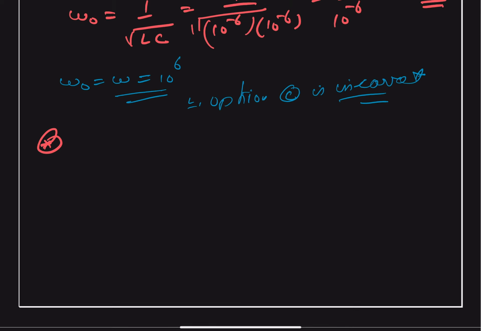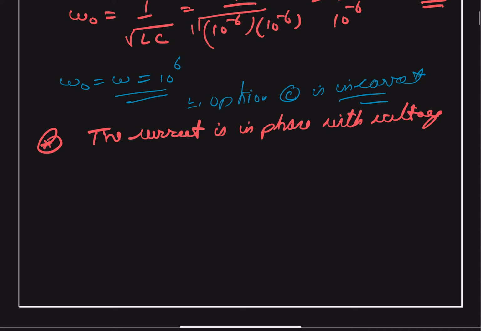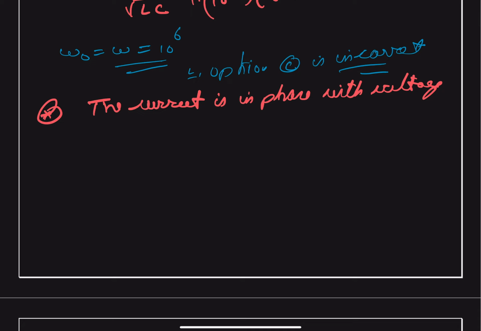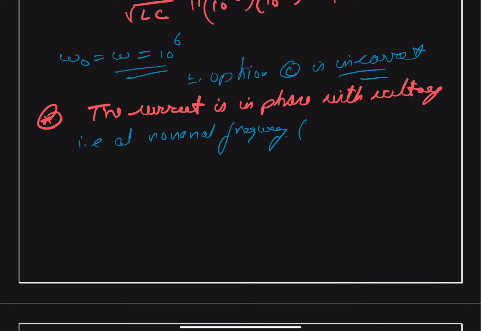You can say the current is in phase with voltage, that is at resonant frequency, and which we call as omega naught.